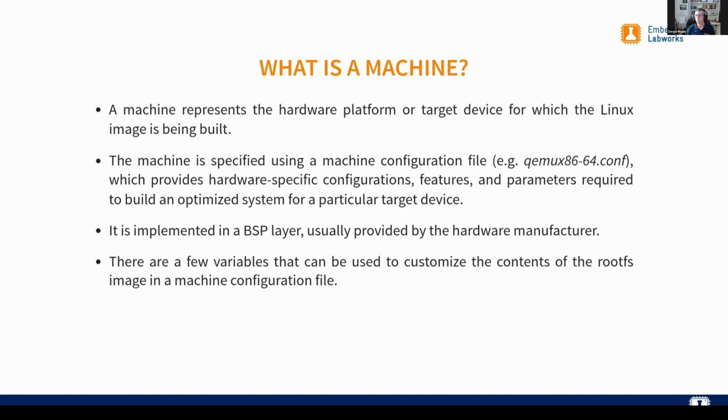What about the machine? So a machine is another configuration file, another metadata that makes it possible to define information about the hardware, right? From the CPU architecture to the components of the hardware itself, the kernel that you want to use, the bootloader, and everything in the middle related to the hardware.